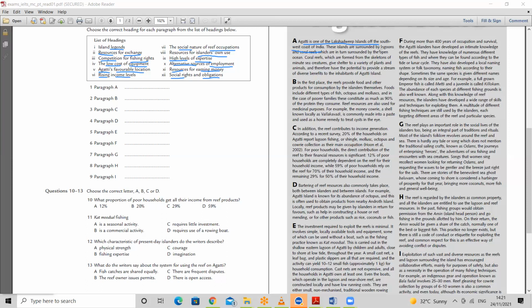Now, if you remember, when you were highlighting the keywords from the list of headings, you highlighted the word that was a location, the location of Agati. Remember? So I'm sure that by looking at the first sentence, because it introduces a topic sentence, you can quickly decide that the right answer for paragraph A should be 5.